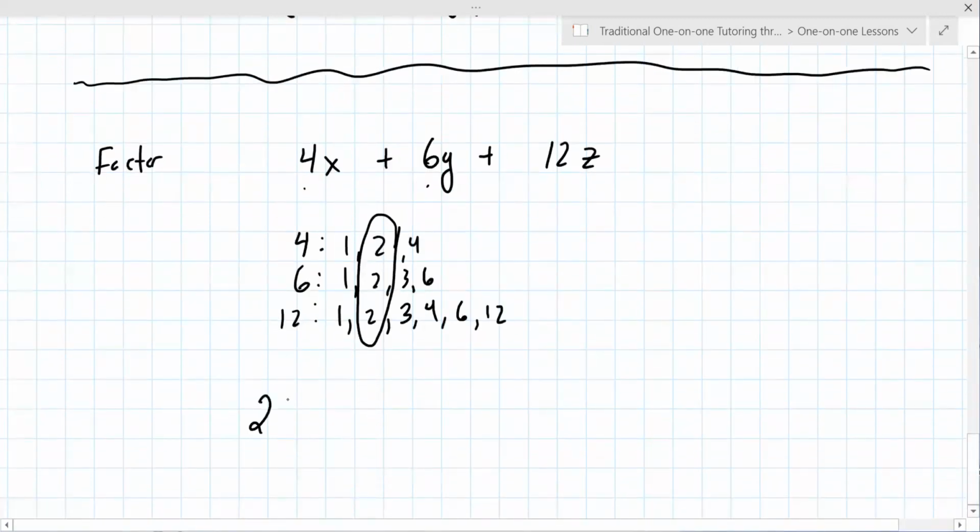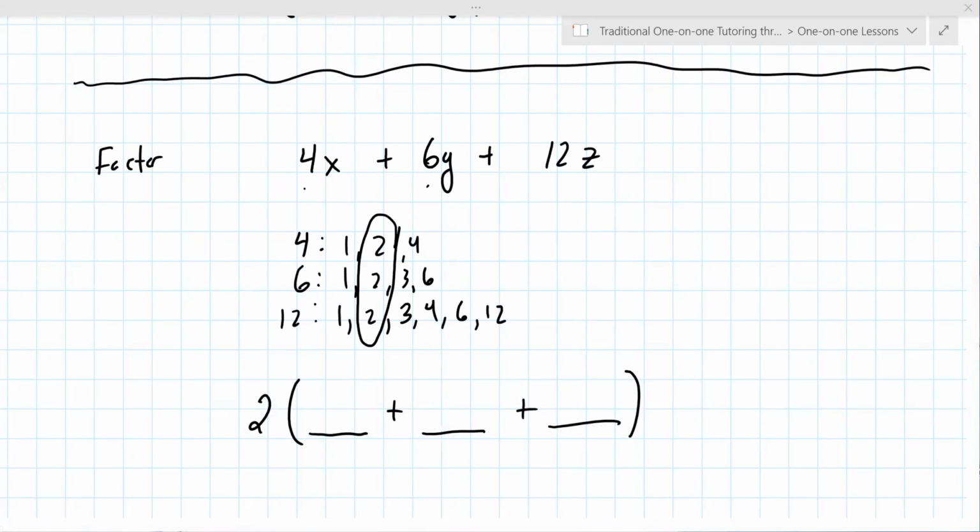So 2 times, now what goes in parentheses here? You've got 3 positions, right? What goes in each of these positions to get back to the original? Can you tell me what goes in each of these spots? 2x and then 3y.